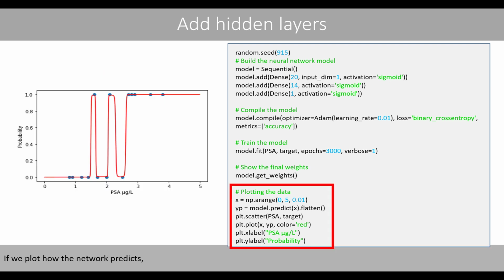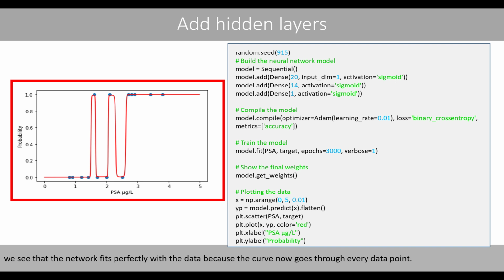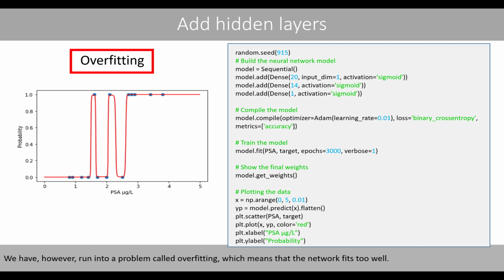If we now plot how the network predicts, we see that the network fits perfectly with the data because the curve now goes through every data point. We have, however, run into the problem called overfitting, which means that the network fits too well.